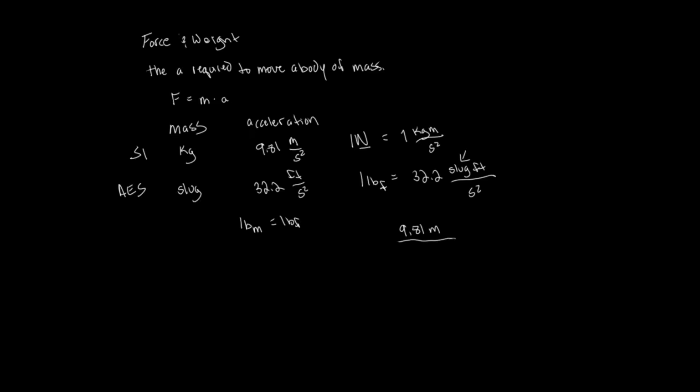Meters per second squared. 1 meter is 3.28 feet. And this comes out to, let's break out our calculator.